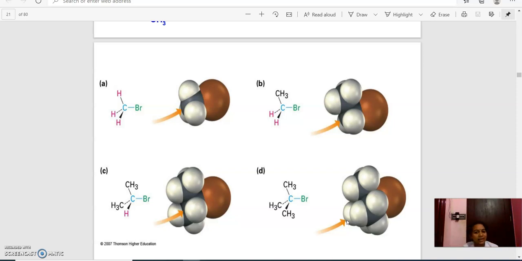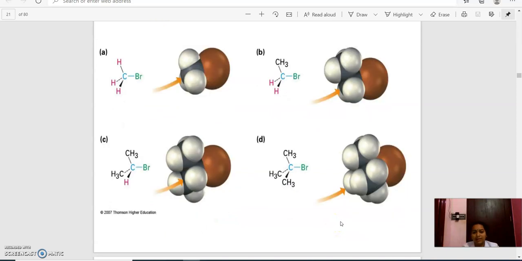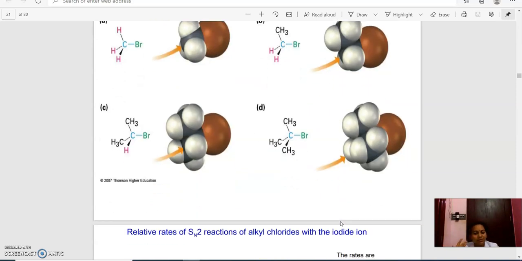A similar case occurs in the SN2 reaction. If there are bulky groups, they will hinder the entrance of the nucleophile, so it cannot attack the carbon center. So in the SN2 reaction, reactivity will decrease if the number of alkyl groups increases.